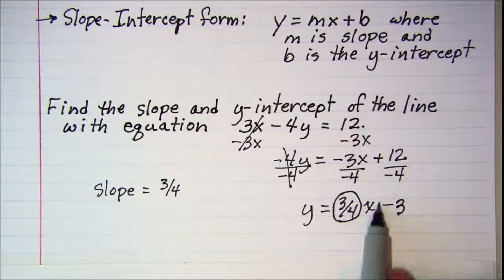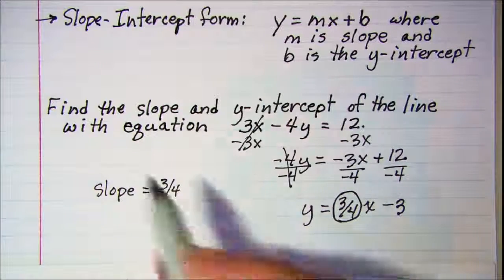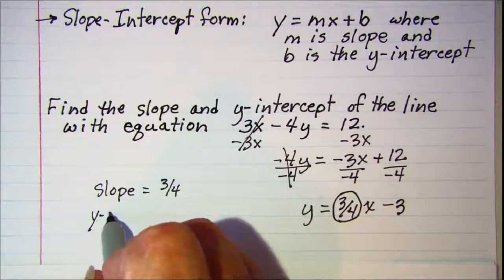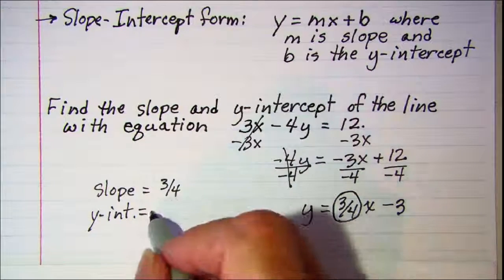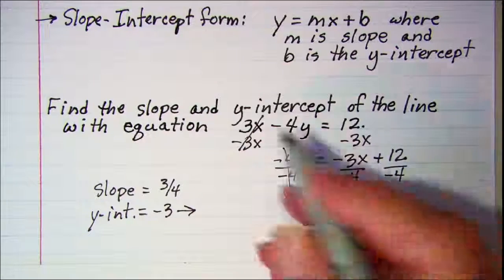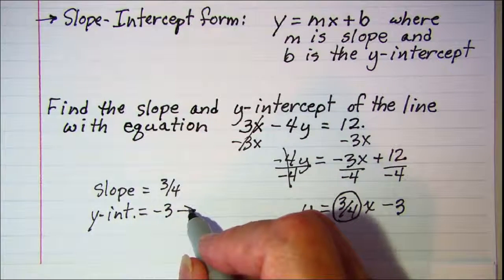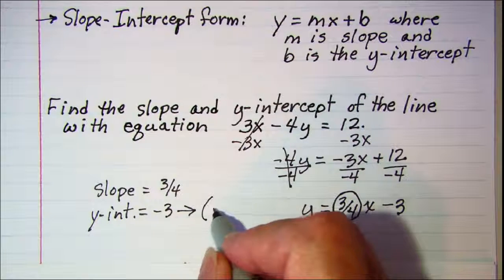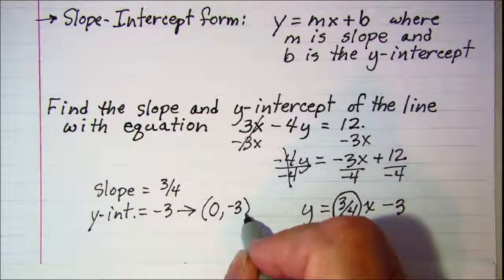And I know the number that's added on to the x term is my y-intercept. So my y-intercept is negative 3. Now that might also be written as an ordered pair. Since it's the point on the y-axis, then the ordered pair will be 0, negative 3.